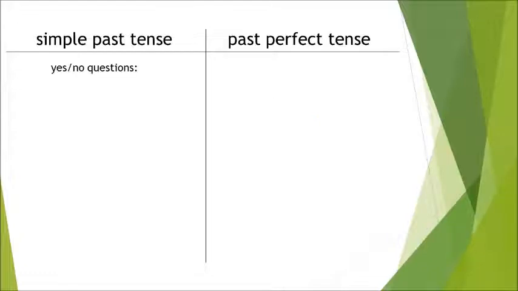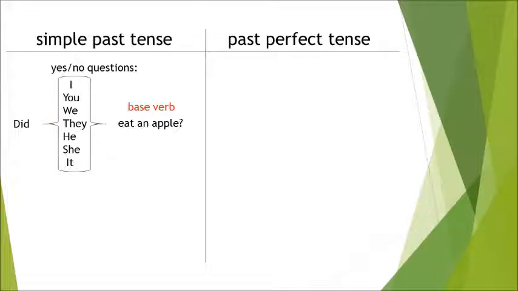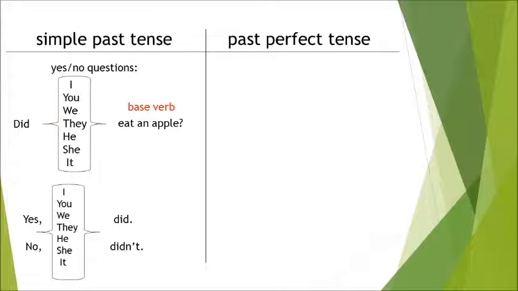For simple past yes/no questions, use did. Subjects I, you, we, they, he, she, and it, and verb, which is in base form. Here, eat an apple. Answer yes, I did, you did, we did, they did, he did, she did, or it did. No, I didn't, or no, you didn't. It's the same for all the subjects. And finally, past perfect yes/no questions.